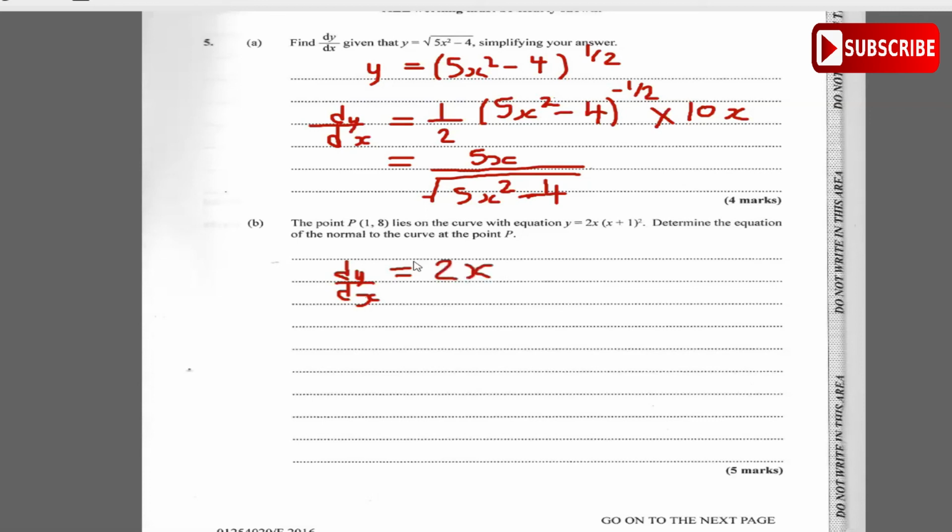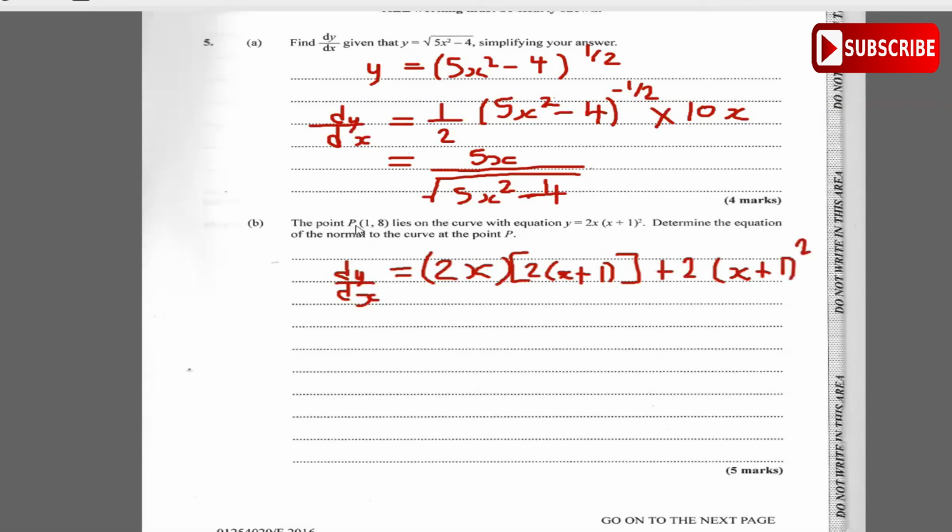Keep the first times the derivative of the second, and the derivative of the second is 2 times (x plus 1), plus keep the second and differentiate the first. Differentiating the first, I get 2 times (x plus 1) all squared. All right, so that's dy by dx.